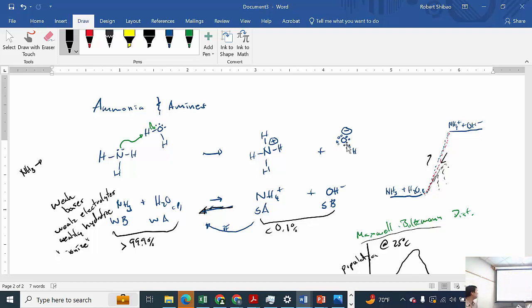It doesn't. Instead, ammonia hydrolyzes into ammonium and hydroxide. But since it's a weak base, it's going to be heavily favored in the reverse direction here.